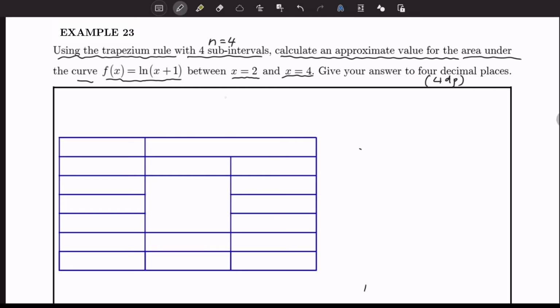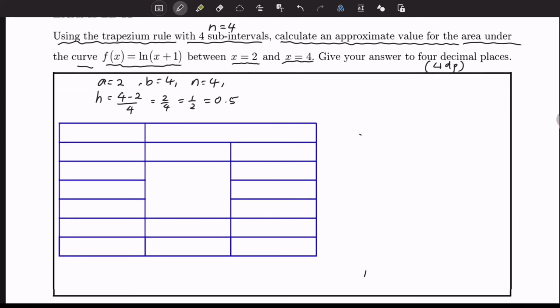Your a will be 2, your b 4, your n 4. So h will be 4 minus 2 divided by 4. So 2 over 4, so we have half, 0.5.